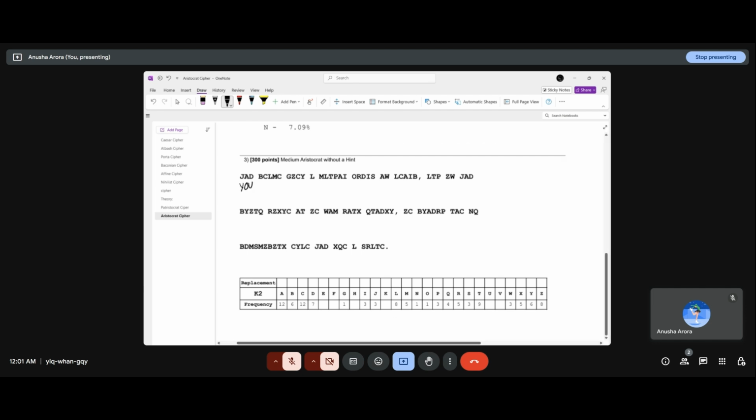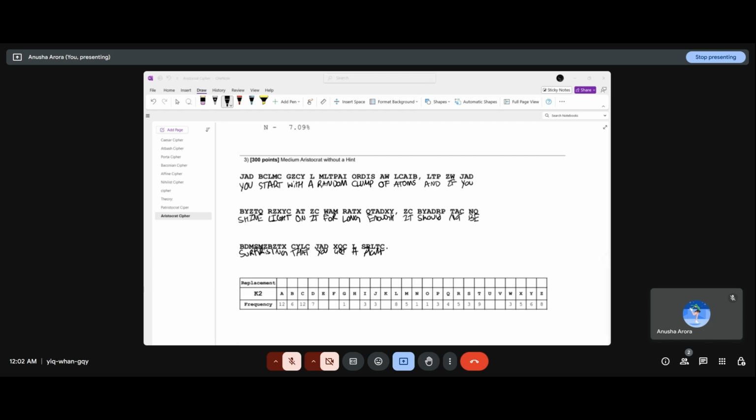You start with a random clump of atoms, and if you shine light on it for long enough, it should not be surprising that you get a plant. So that's how you do a basic aristocrat cipher.